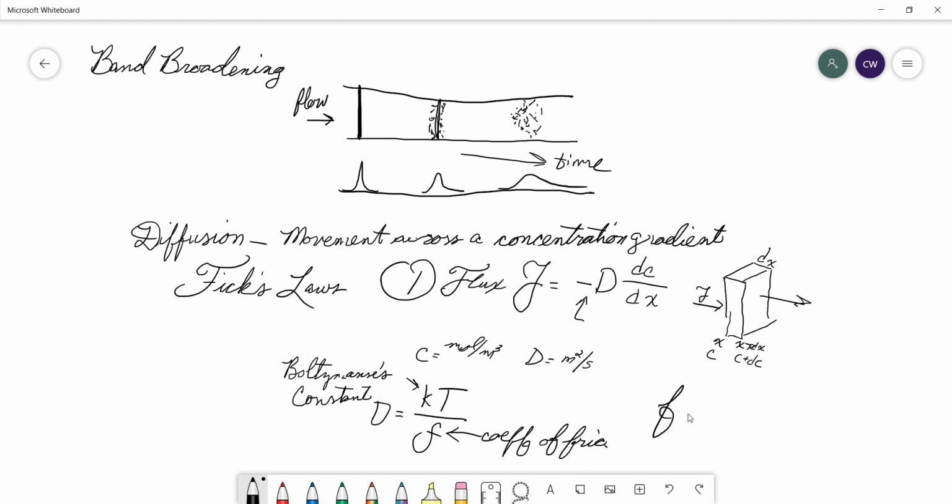And the coefficient of friction in a fluid can be modeled as 6 pi times eta r, where eta is going to be the viscosity of the fluid, right? And r is the radius of a spherical particle.